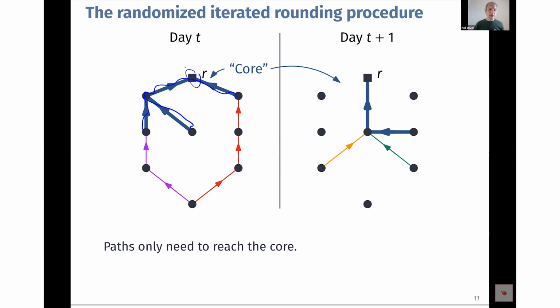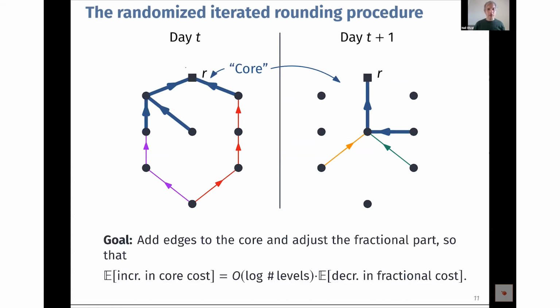Our goal is to find a way to adjust our current solution, adding edges to the core and removing cost from the fractional part, in such a way that our expected increase in the core cost is bounded by our desired approximation factor, log number of levels, times the expected decrease in the fractional cost. If we can achieve this, we're done.